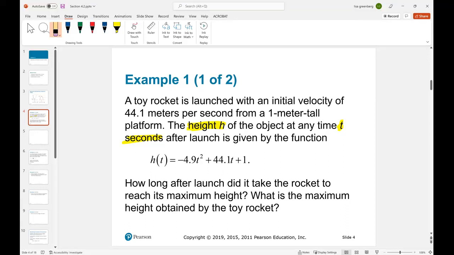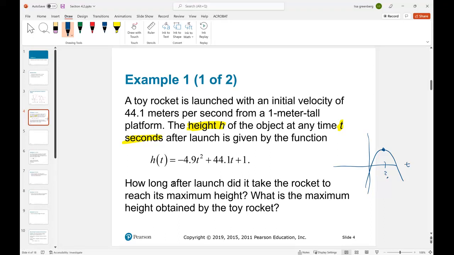That we know, because the equation of this line would create a parabola opening down. So if I want to find my maximum at what time, well, this is t, I'm trying to find that time, okay? And we have our vertex formula to do that.